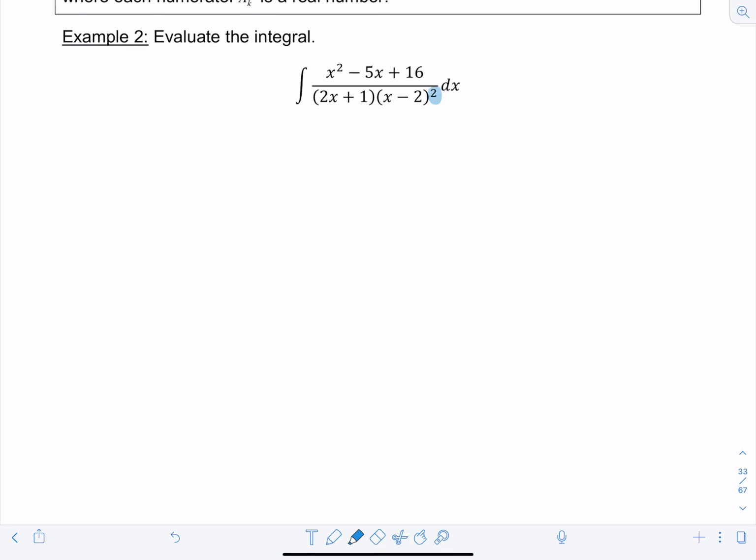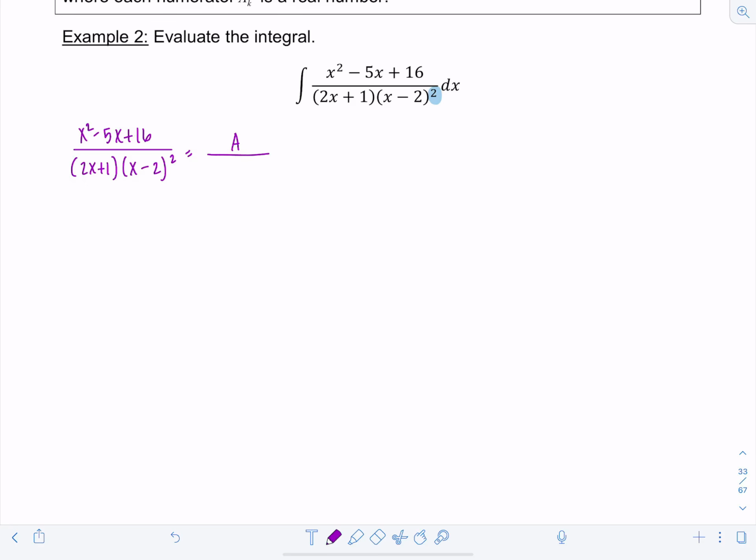We have x minus 2 squared. So how do you deal with this? Okay, check this out. So you have x squared minus 5x plus 16 over 2x plus 1 times x minus 2 squared.